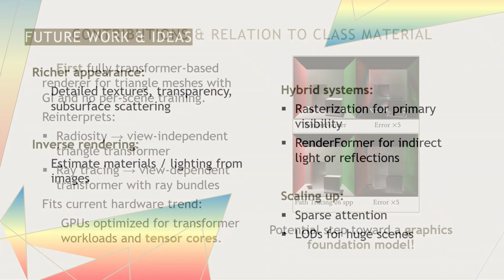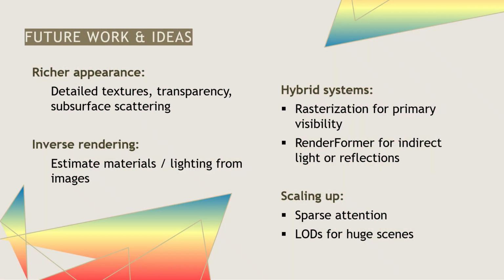For future work and extensions, I see several interesting directions. First, richer materials and textures. Extending the token embedding to handle high-resolution textures, transparency, and subsurface scattering in a stable way could be interesting. The paper shows an early texture experiment, but it is still relatively blurry and limited.